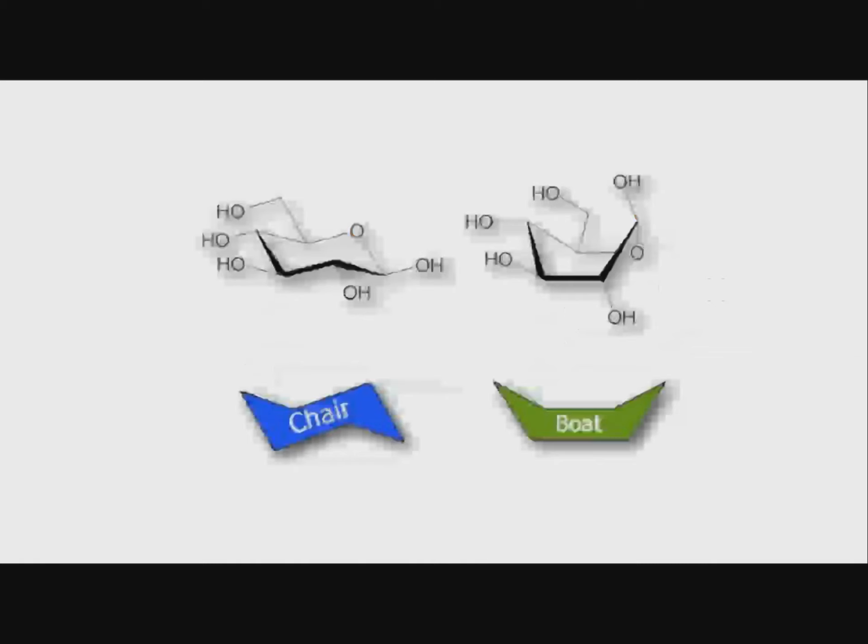Let's talk a little bit about boat and chair conformations. Orbitals of carbon prefer to be in tetrahedral conformations. So this means that the bonds between carbons in a ring do not lie flat, though we often show them as flat rings. Indeed, these rings are puckered.